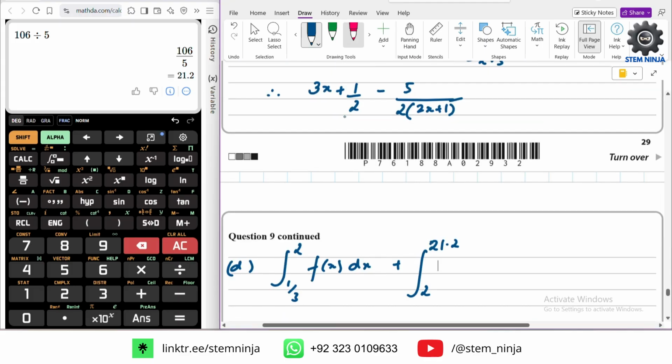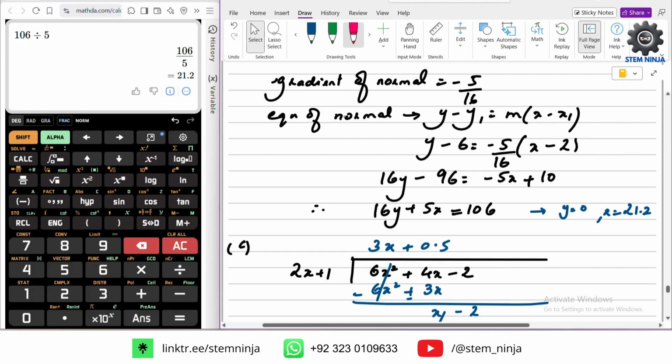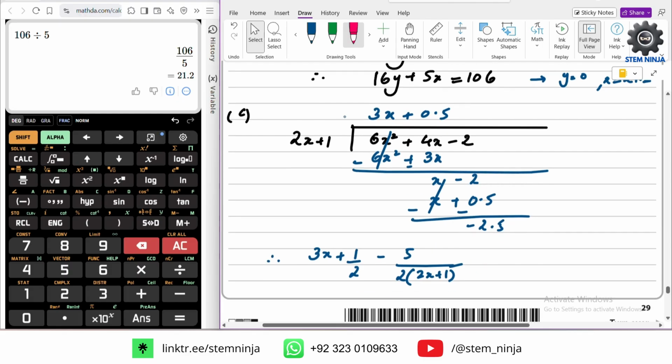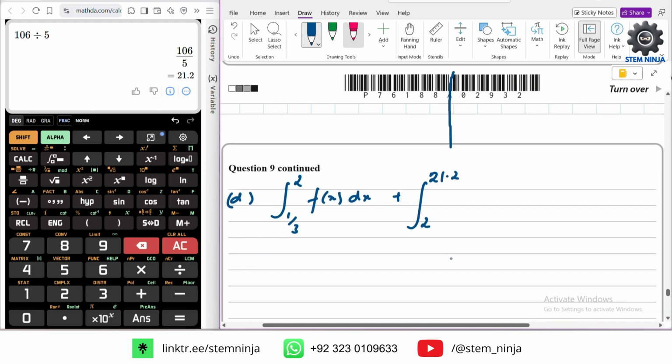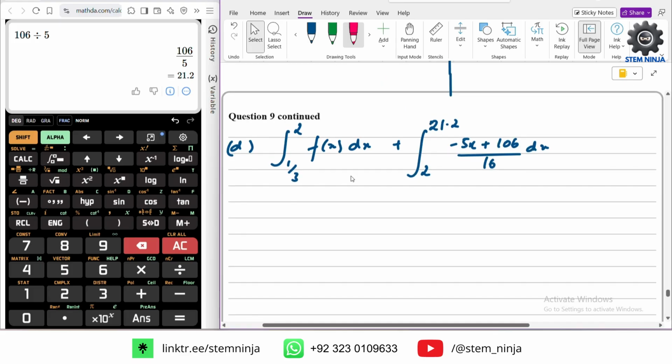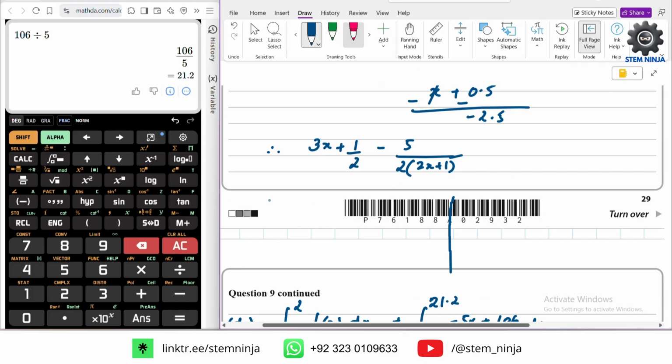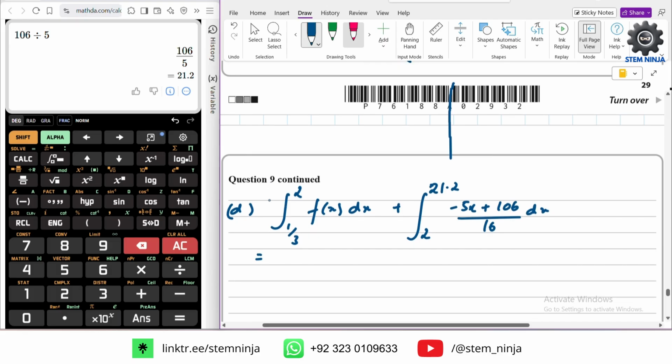What was it? Minus 5x, 106 divided by 16 dx. Basically the area of that. Okay, the major problem is going to be over here.